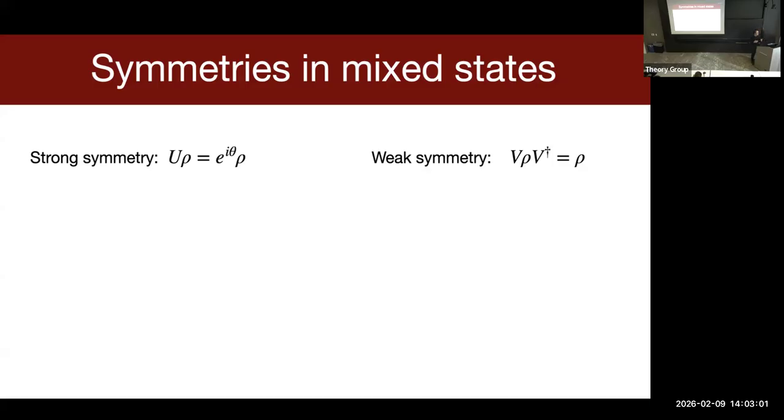Conventionally we learn in quantum mechanics that symmetries act on density matrices in this way on the right. So we conjugate a density matrix by some symmetry operator, and it leaves the density matrix invariant. But there's a stronger notion of a symmetry in mixed states where I could just act with the symmetry on one of the sides of the density matrix, and maybe it leaves the density matrix invariant up to a phase.